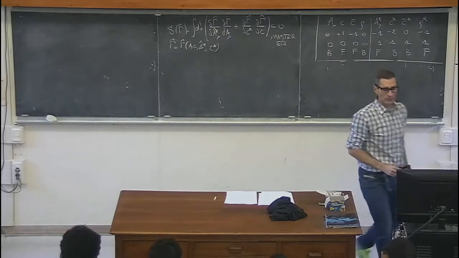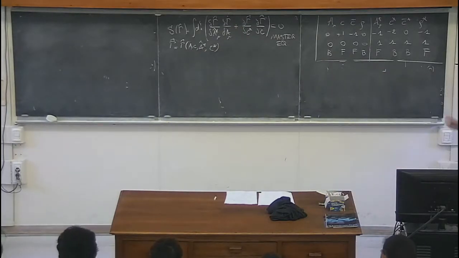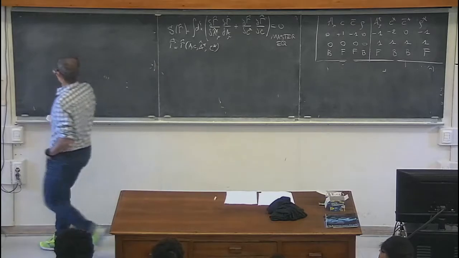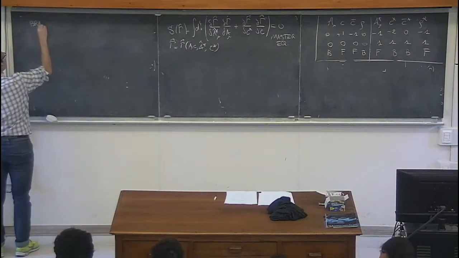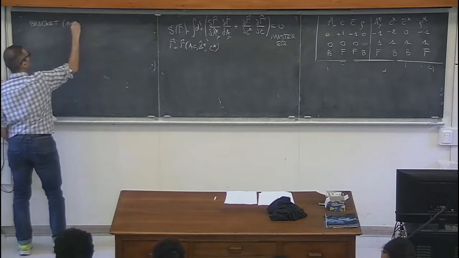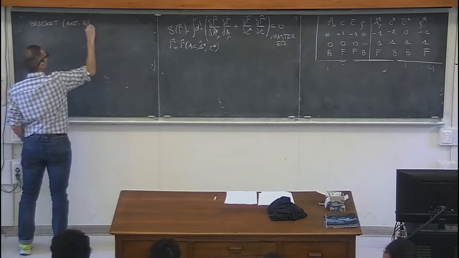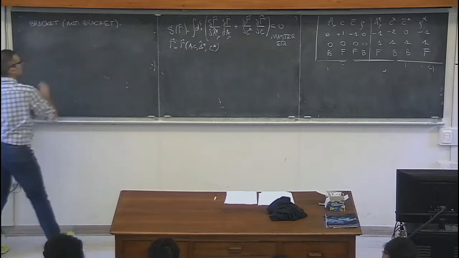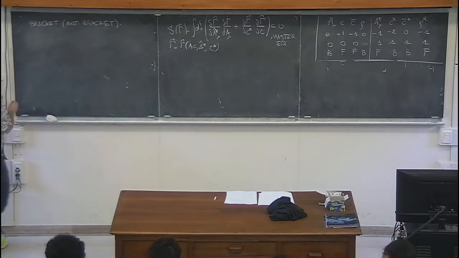Now let me try to do the following. First of all, I will try to rewrite these equations in the following way. I introduce a bracket, which is known as the anti-bracket. The anti-bracket is the following.